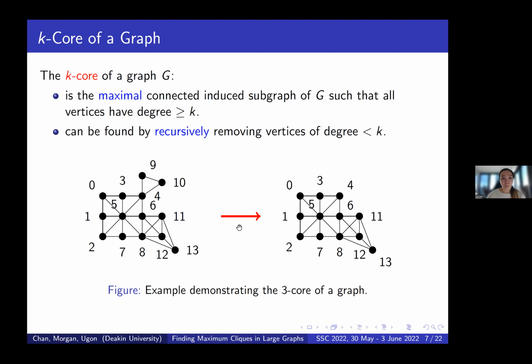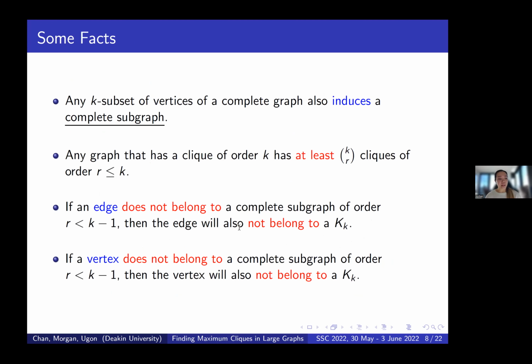Okay, next, some facts that are necessary for the reduction as well. Any k-vertex subset of a complete graph also induces a complete subgraph. And if we use this fact, we know that in a clique of order k, we'll have k choose r r-cliques, for r smaller than k.